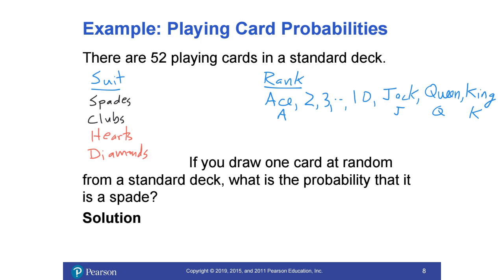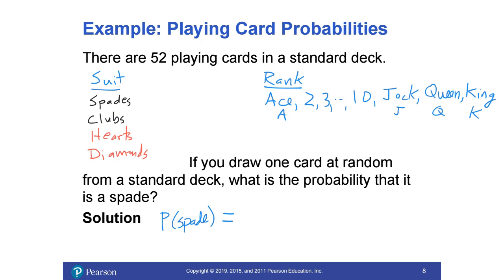Okay, now the problem is, if you draw one card at random from a standard deck, what is the probability that it is a spade? Well, the probability that you'll get a spade is going to be the number of ways that your event can happen divided by the number of possibilities.